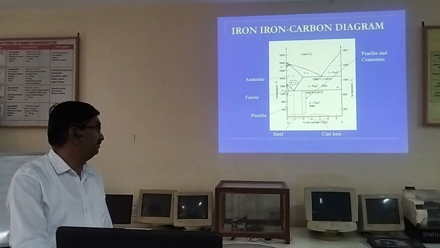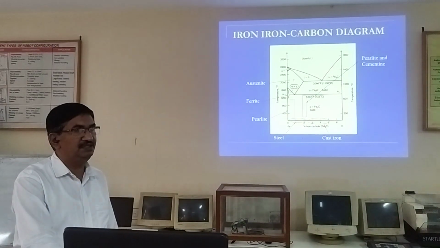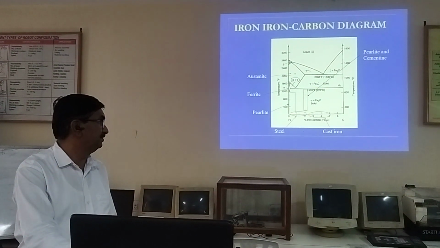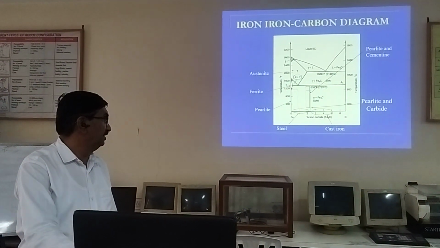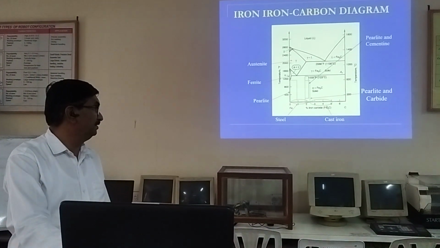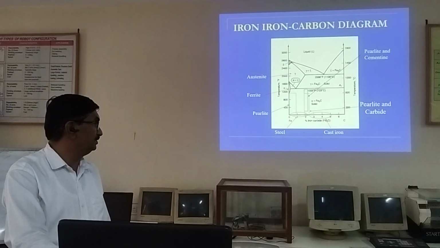Then above 0.8% carbon, we get pearlite and cementite. After this, at higher carbon percentages, we get only carbide formation like this.